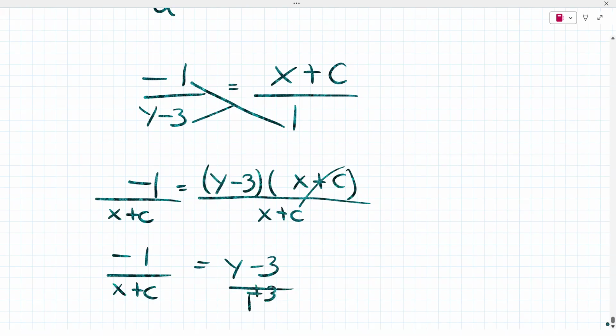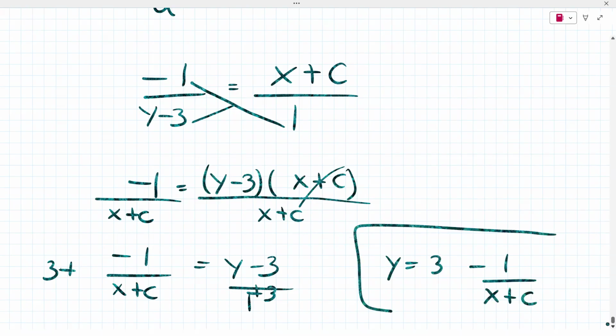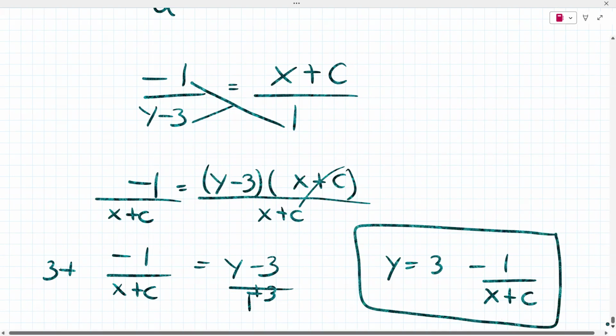So you would have to add 3 to both sides. So you get y equals 3 minus 1 over x plus c. And that's it. That is the last example of separable differential equations. So we will stop here.